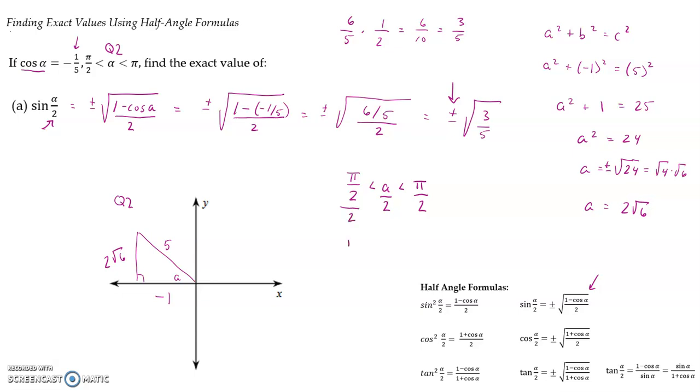And so that's going to give us pi over 4, our A over 2 value in the middle, and pi over 2 on this right-hand side. So this is the same thing as saying A over 2 is between 45 degrees and 90 degrees, which is putting this in quadrant 1.